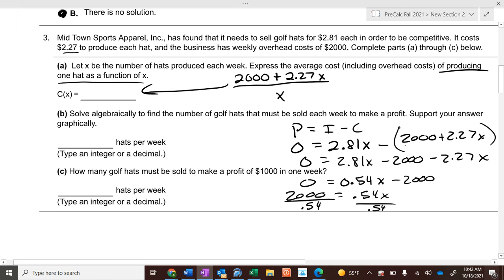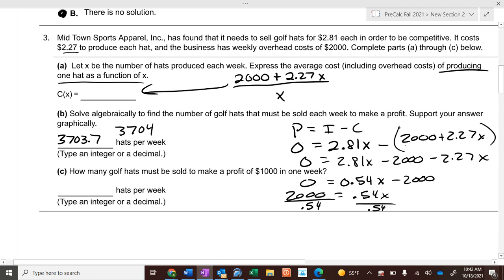What's 2,000 divided by 0.54? 3,703.7. Okay. Type an integer or decimal. So that would round up to 3704. Depends what they ask for on the problem.